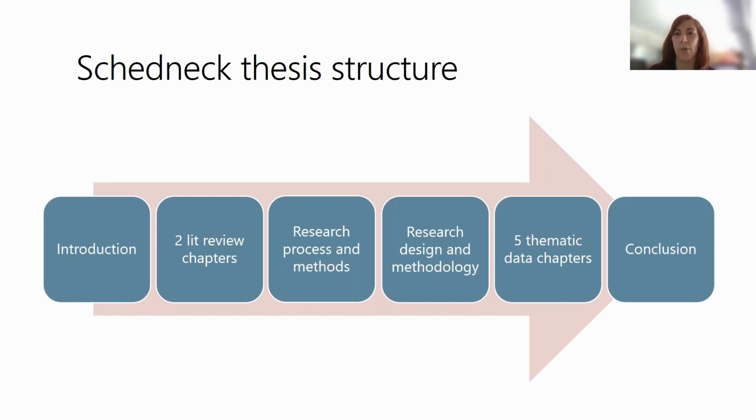All of those theoretical ideas were then added into that second chapter. And my argument there was that these were the most important theoretical concerns for my research questions. And that's how I framed it, as an argument.